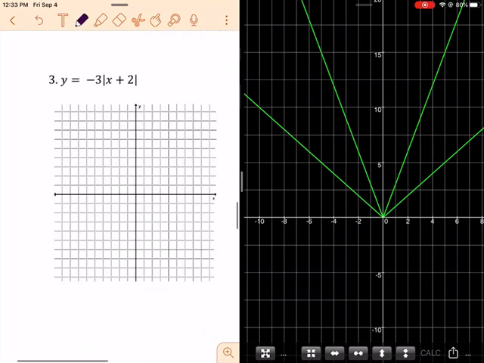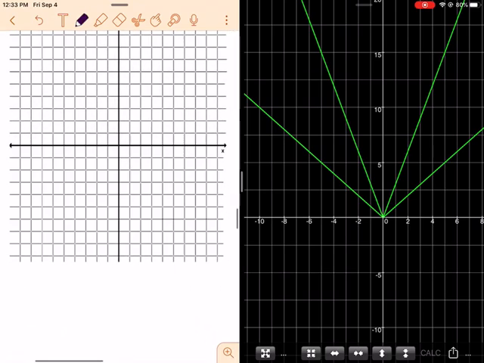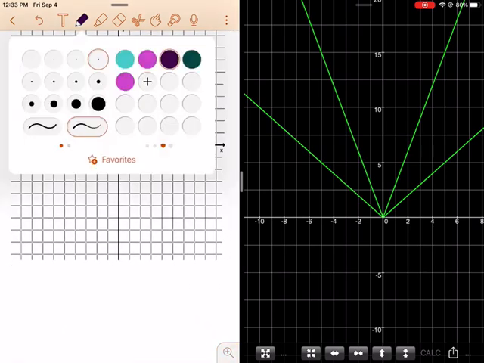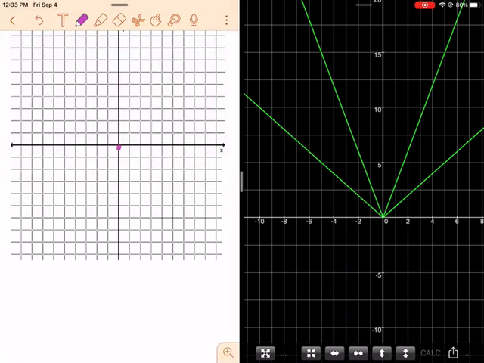So notice the stretch. All right, let's try this one down here. So the -3 is going to flip it over. So if I graph the original. Oops, wrong way. Okay, so here's the original.